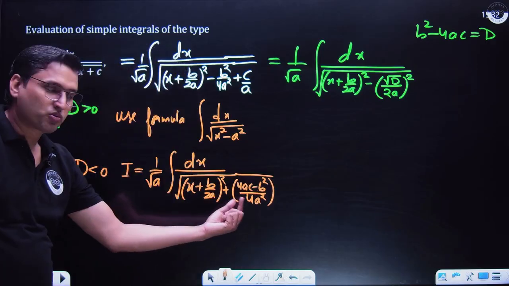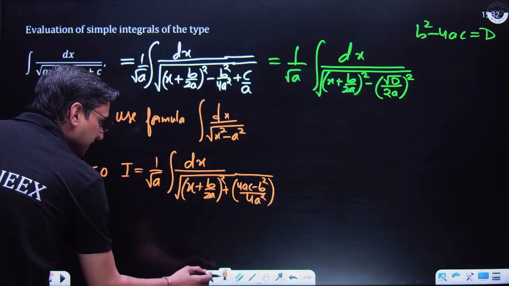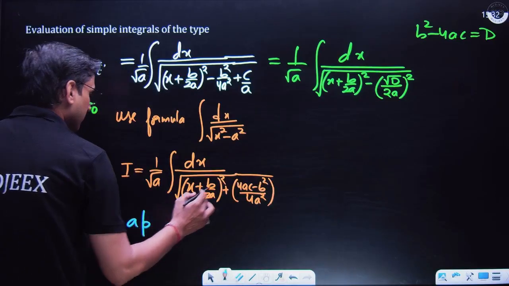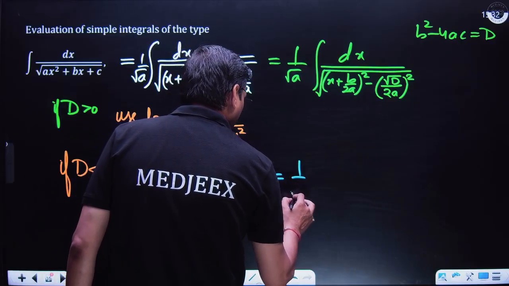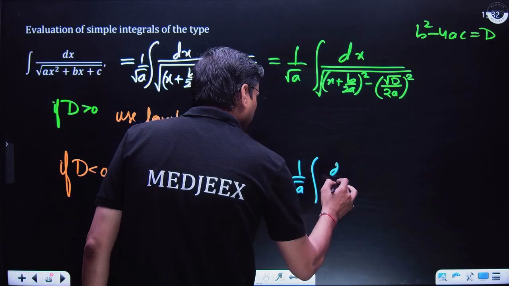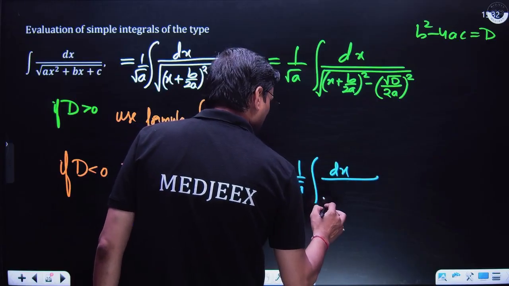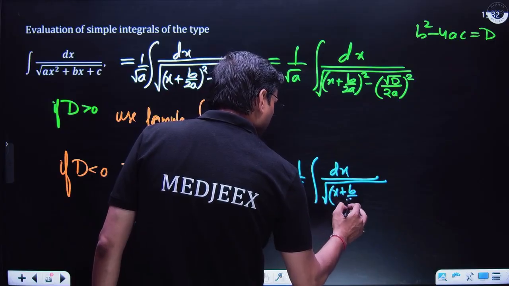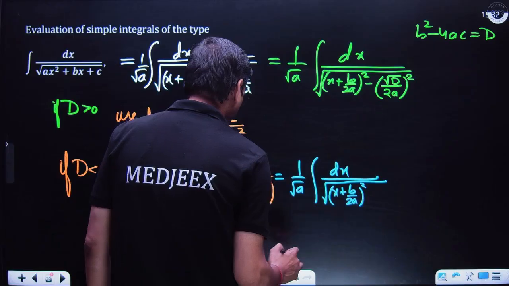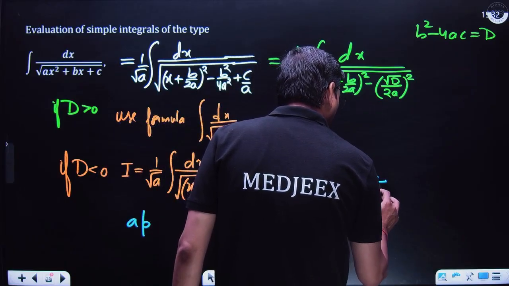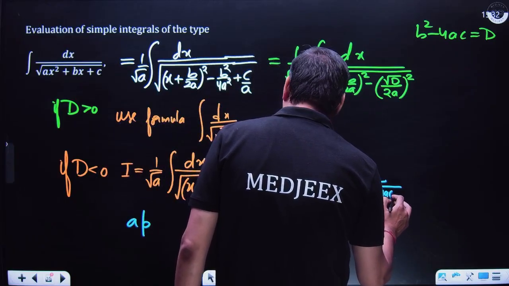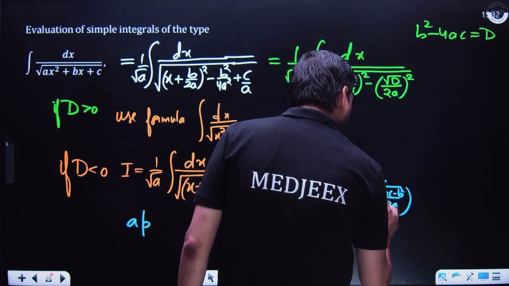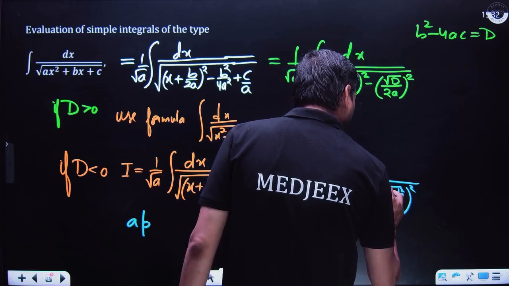Now take it as a whole square and you will simplify it by applying the formula: 1 by root a, dx upon root over x plus b by 2a whole square plus root over 4ac minus b square upon 2a whole square. Likewise, you can simplify this one.